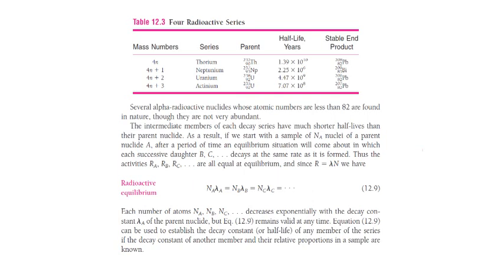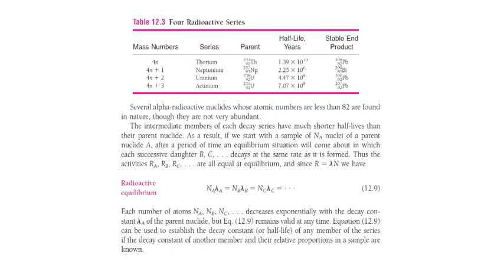There are intermediary daughter nuclei B, C, etc. And it is found that the activity, which is given by R equals lambda n, where n is n0 e raised to minus lambda t, and R is nothing but dn by dt, is fairly constant. That is, Na lambda A equals Nb lambda B, which equals Nc lambda C.